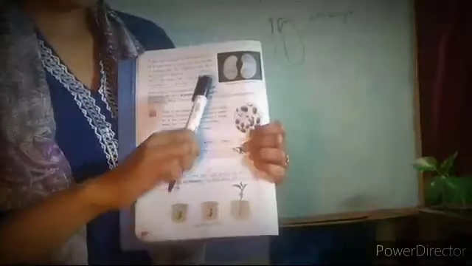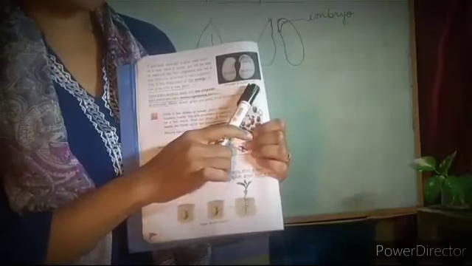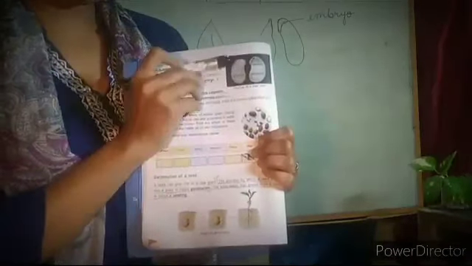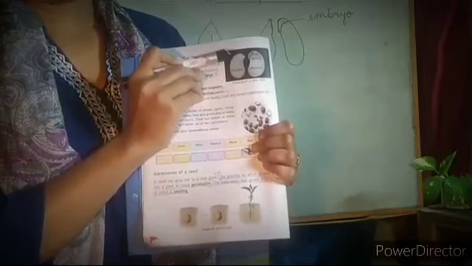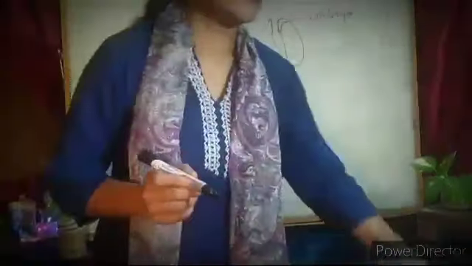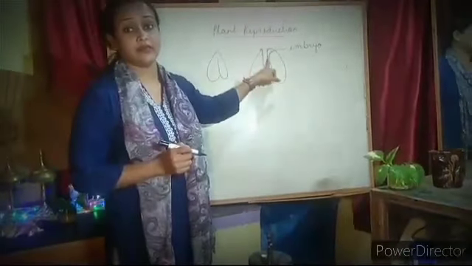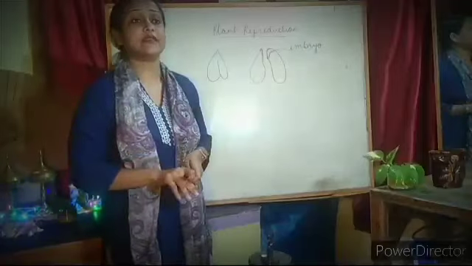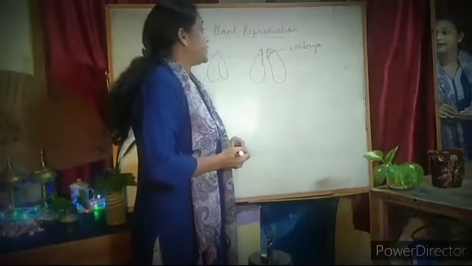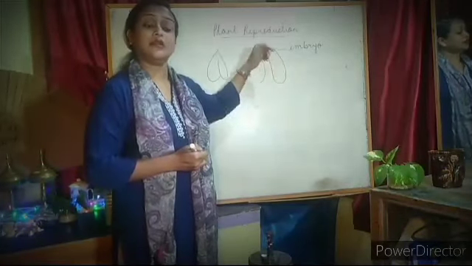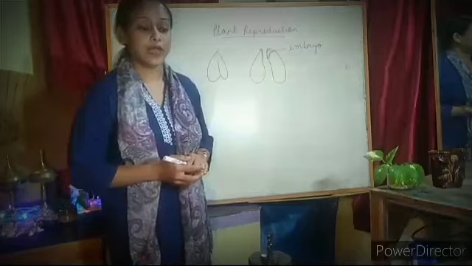As you can see in the book, this is the structure of a bean seed. These are the 2 cotyledons, and here you can see the embryo. This embryo is actually the baby plant. When the seed germinates, this embryo grows into a new plant.